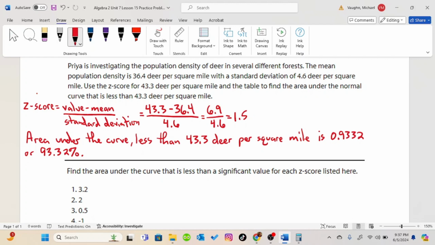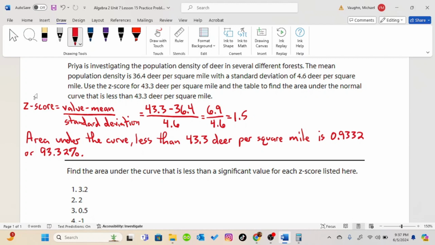This means 93.32% of the results had less than 43.3 deer per square mile.